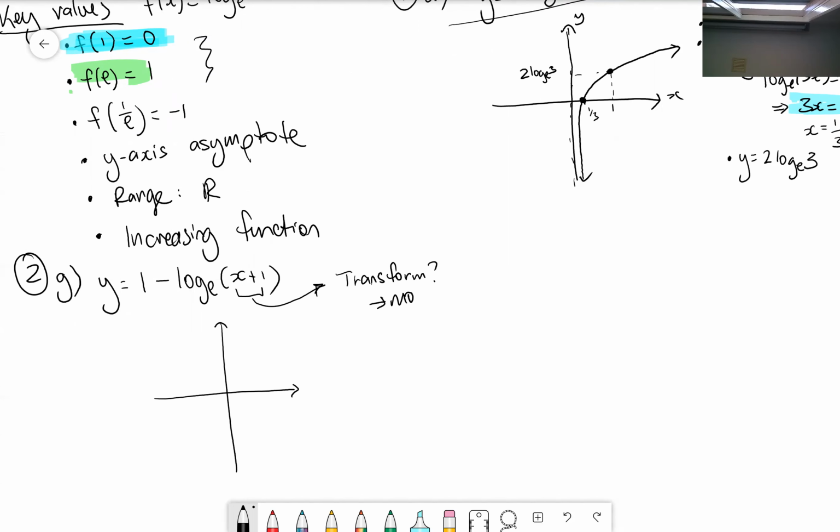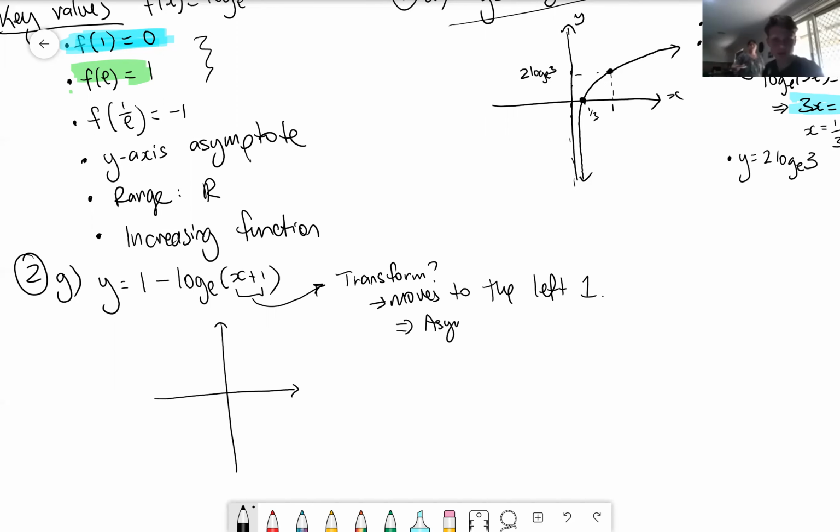It moves to the left. What do you know about the asymptote? Let's move left one. What would the asymptote be now? It'd be x equals -1. Right. So here's the asymptote at -1.